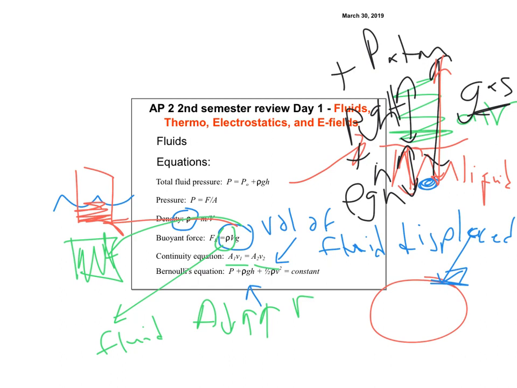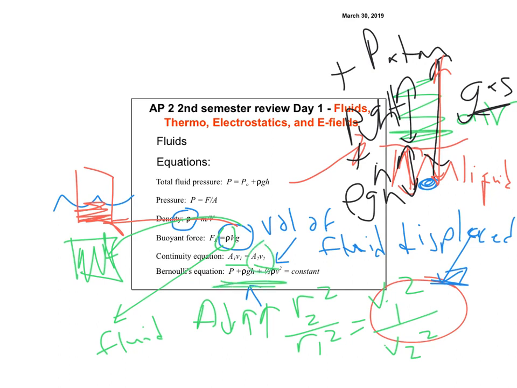So it's going to be the inverse ratio of the velocities. So if r2 goes up, v2 goes down, because it has to stay the same.